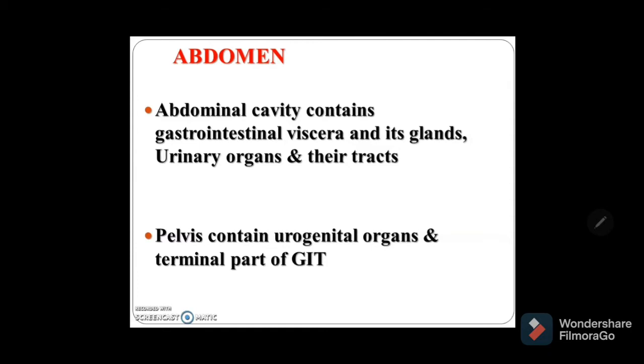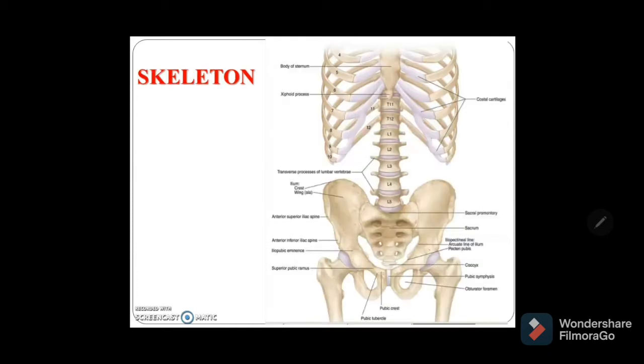So these two cavities are divided by the pelvic inlet here, and when you notice the skeleton of the abdomen, it has the lumbar vertebrae above the thoracic cage, and below, the pelvic cavity, the bony pelvis, which is formed by the pair of hip bones and sacrum.